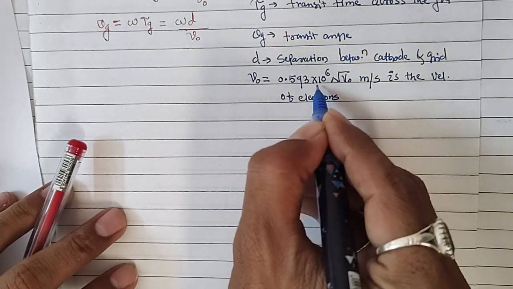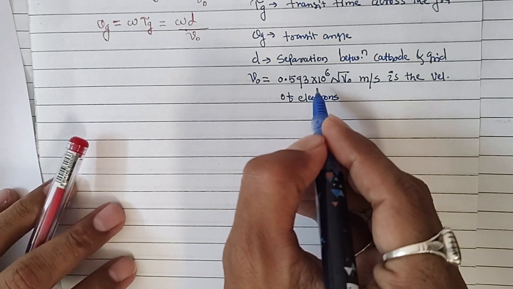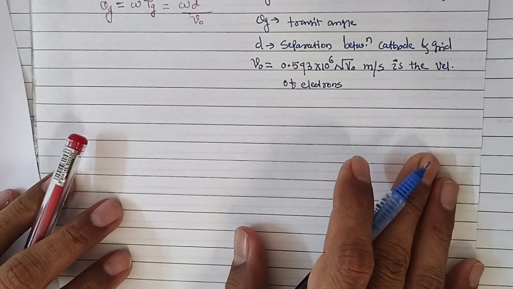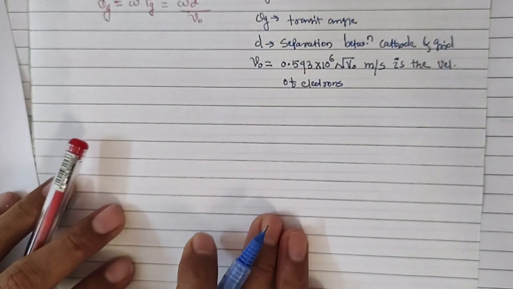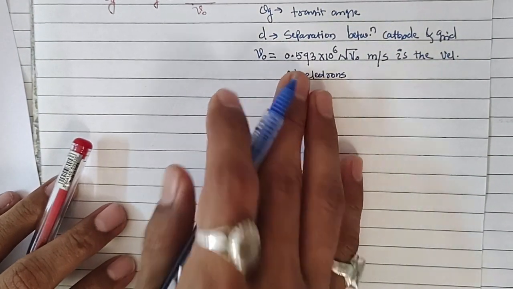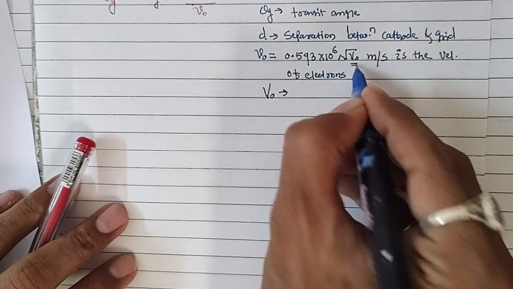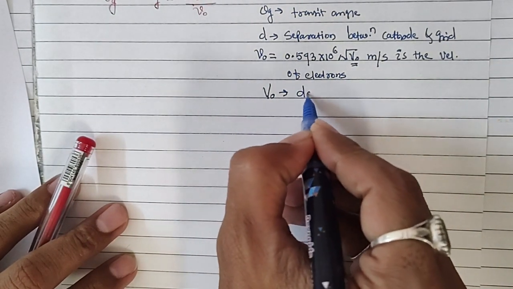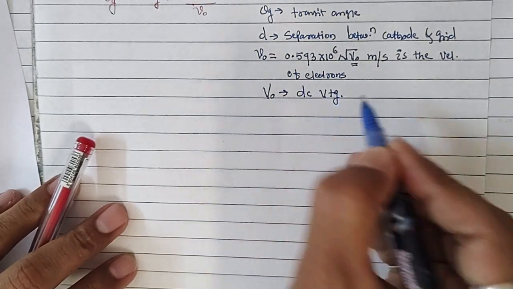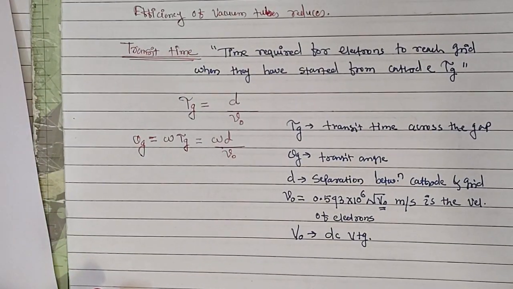How have we calculated this? Under thermal equilibrium we can equate potential and kinetic energy, so we get this. We'll do this in our subsequent videos. And finally, capital V0 is the DC voltage. So we have discussed transit time and transit angle.